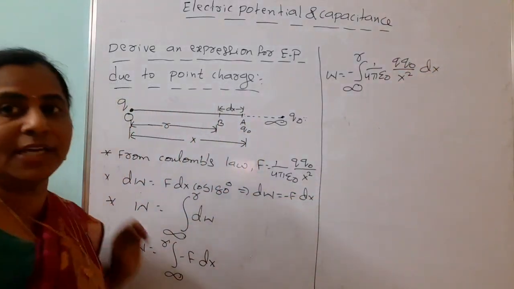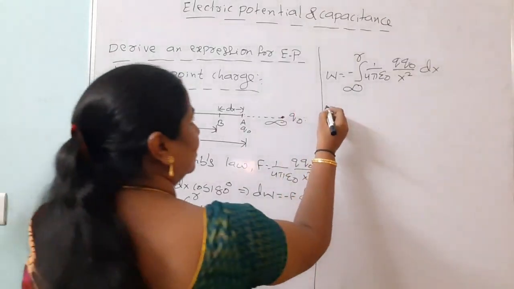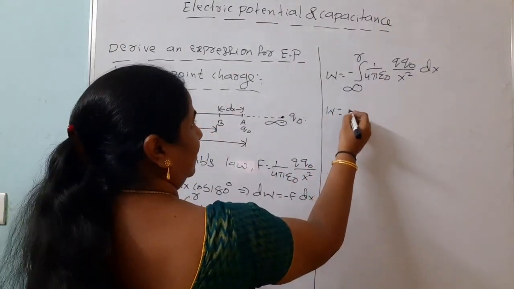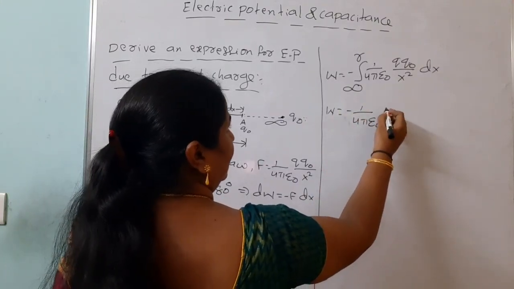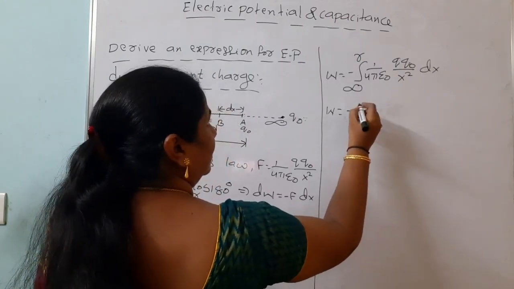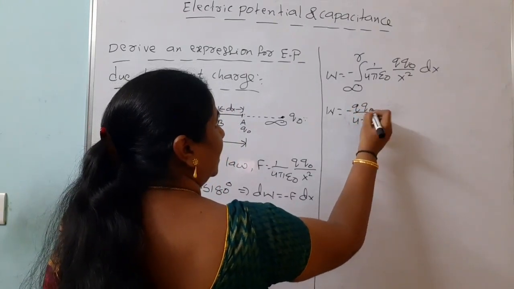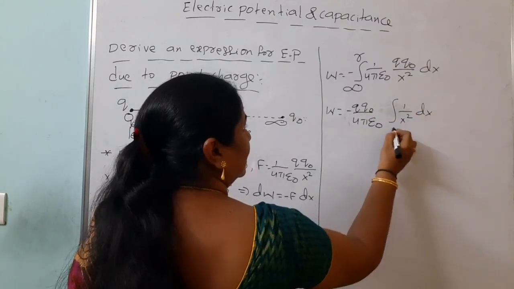Here 1 by 4 pi epsilon naught is a constant and q naught also constant. So work done equals to, we can write it, minus 1 by 4 pi epsilon naught q naught, otherwise directly we can write it q naught by 4 pi epsilon naught integration of 1 by x square into dx.